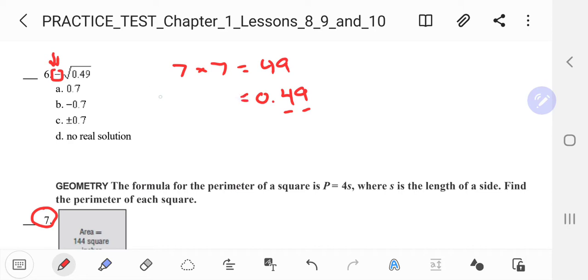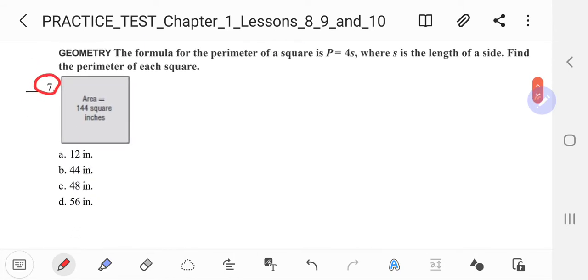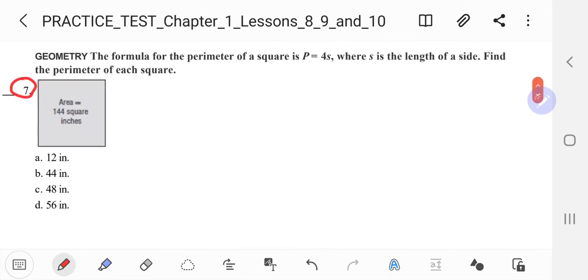So when we multiply, we're going to have to give that a decimal place each so that the answer will have 2 decimal places. So that is just the negative version there, 0.7.